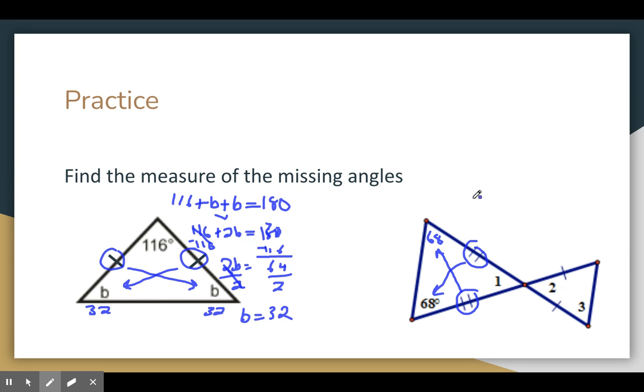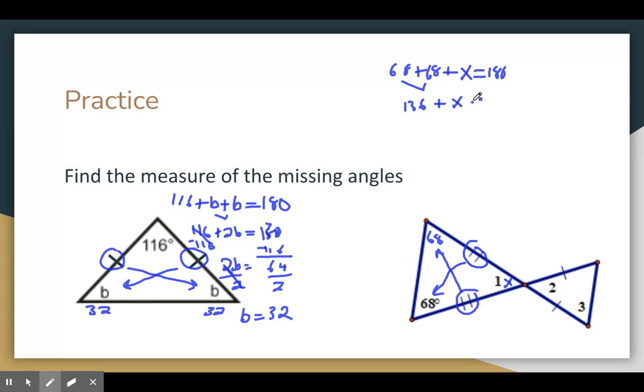So for angle 1, let's do 68 plus 68 plus angle 1. That's our unknown. Let's call it x, equals 180. All right, so 68 plus 68. 60 plus 60 gives you 120. 8 plus 8 gives you 16. 120 plus 16 would be 136.